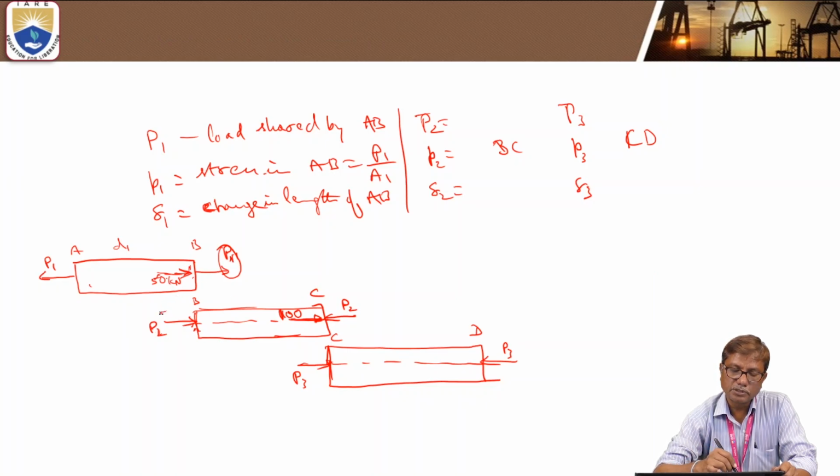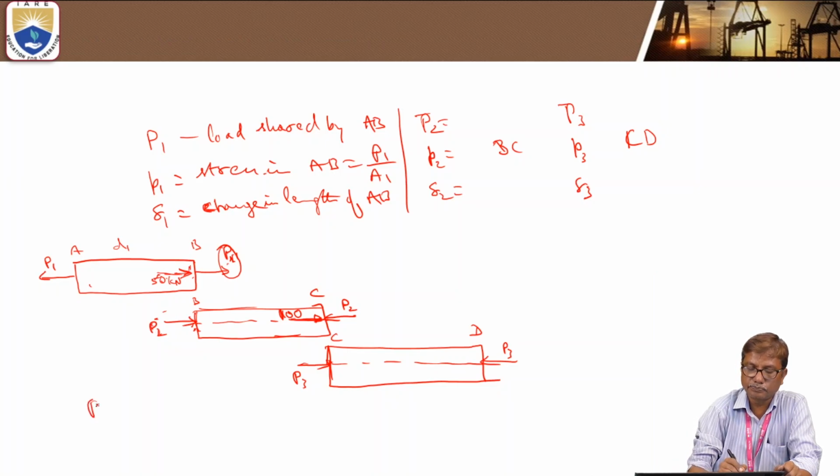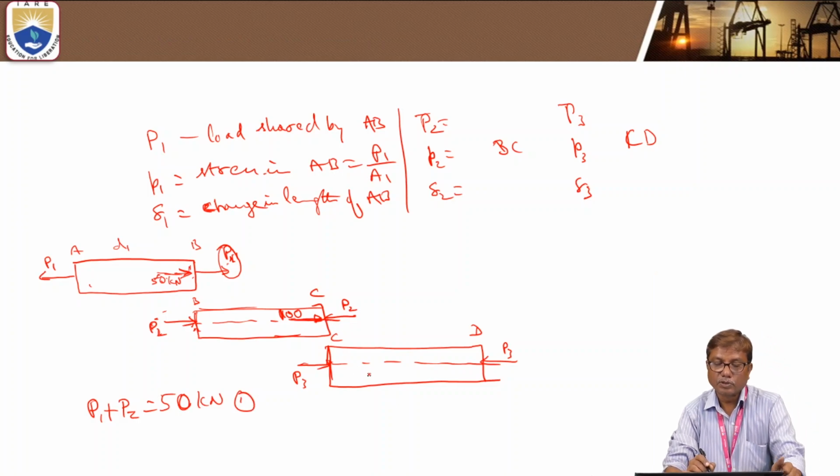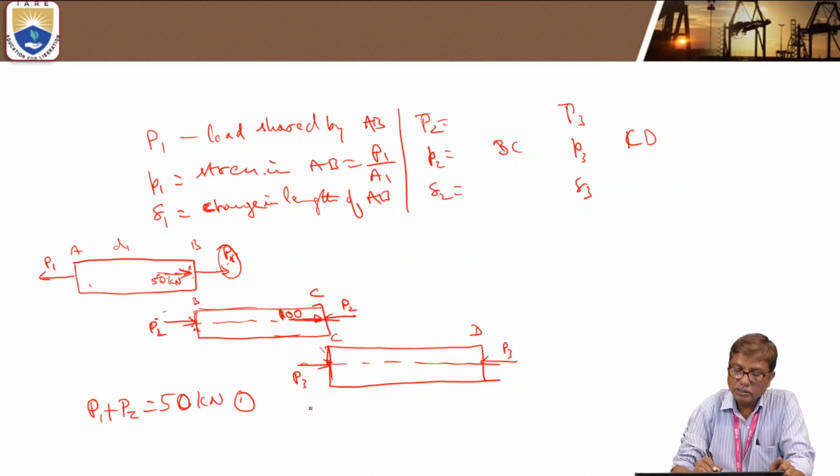So if you observe this, P1 plus P2 is equal to 50. This is one relation we have, P1 plus P2 equal to 50. Okay. Similarly, coming to this, P3 minus P2 is equal to 100. This is another relation we have.